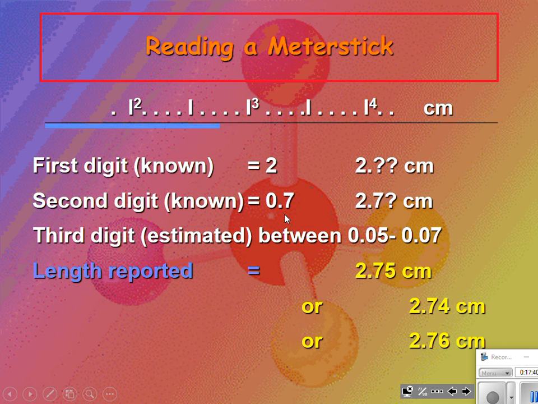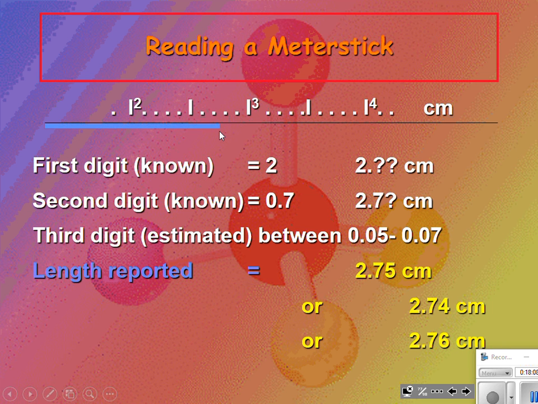So here's where my estimation comes into play. I look up there and say, my estimated value appears to be halfway in between those two dots. So I'm going to estimate that as 2.75.